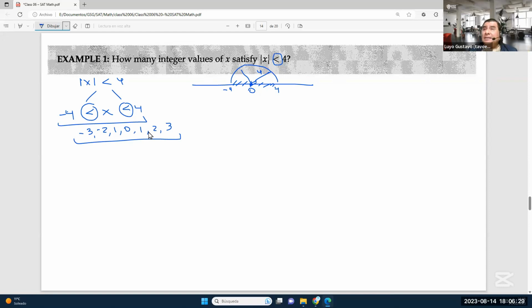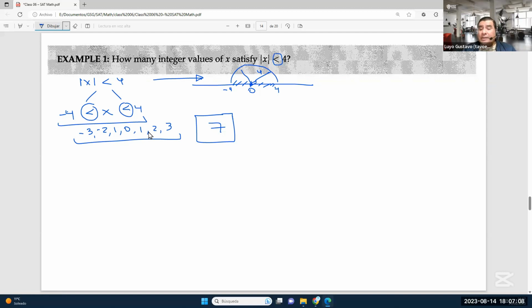So how many integers comply with the condition that the distance between x and 0 should be less than 4 units? All of them. 7 values. All right, that's the answer to the question. Any doubts about this? Is it clear when you see the diagram? We're counting all integers in that range, right? Between -4 and 4. Okay, 7 integers in between.